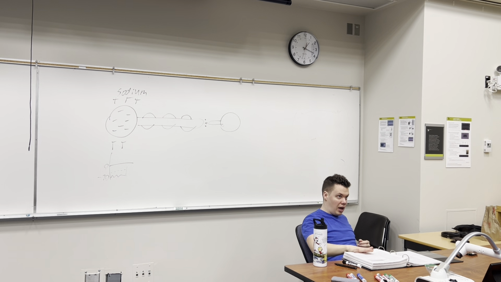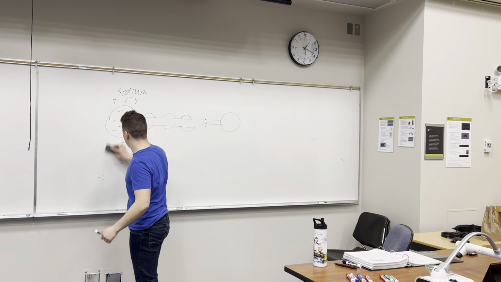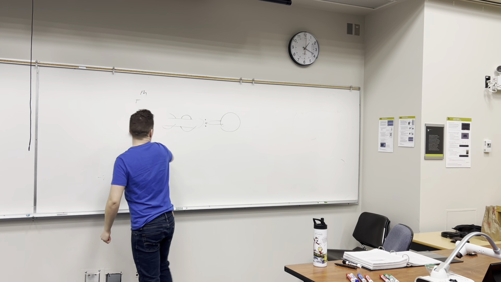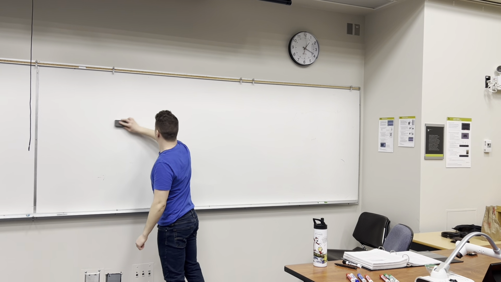Fine, if you just describe the branches of the central nervous system. So broadly, the nervous system divides into the central and peripheral.